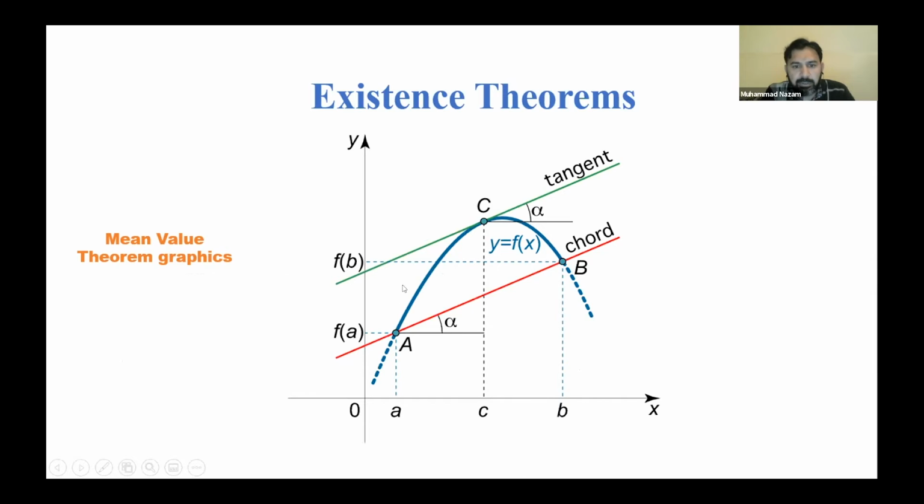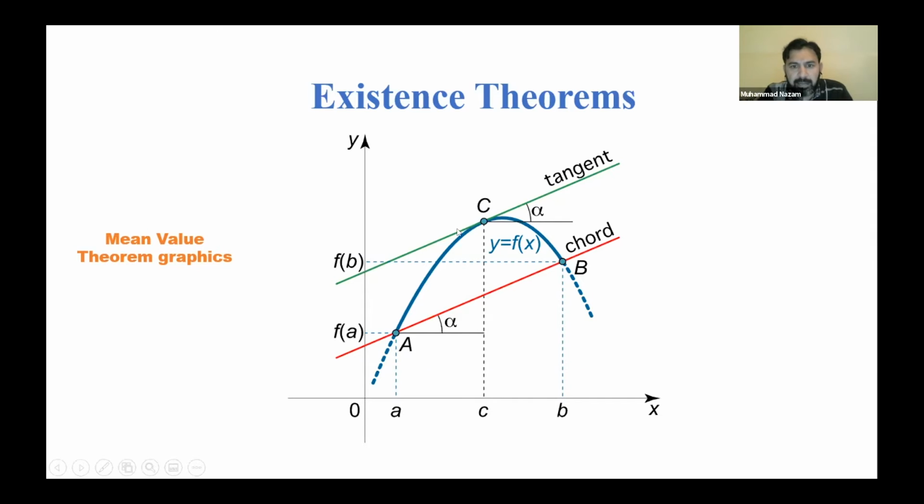The function is continuous, so let's draw the function like that. It depends on the definition of the function, so we just assume that it has a graph like that, with no jumps. We take point c in the closed interval [a, b] and map it to the point C on the curve.